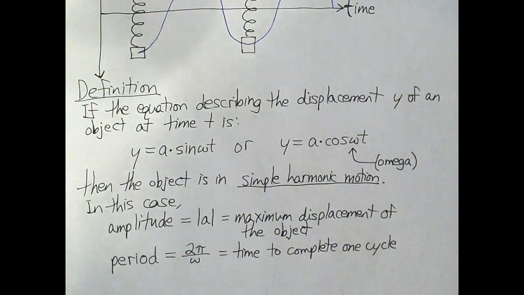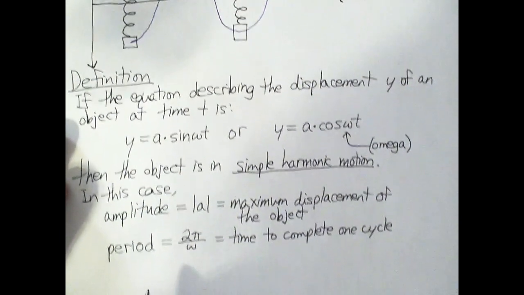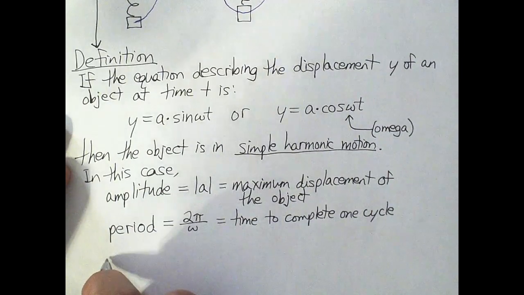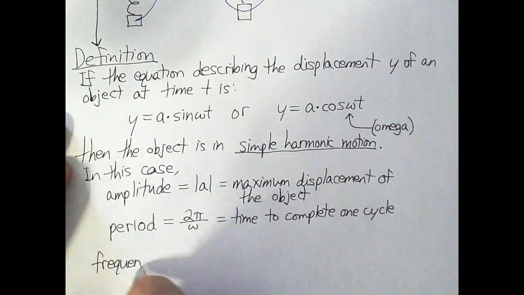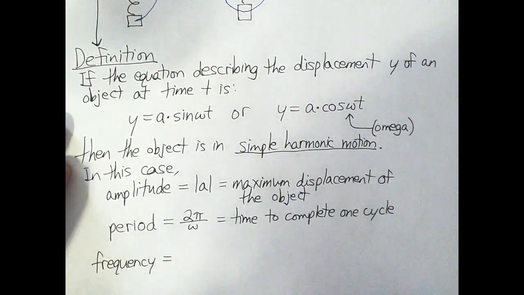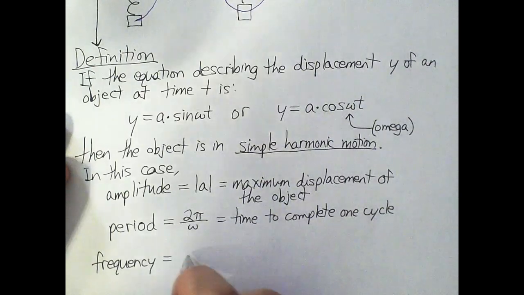I think earlier we had amplitude and period in a previous section, but this next word might be brand new for us. The frequency. The frequency of this object in simple harmonic motion is going to be omega over 2 pi.